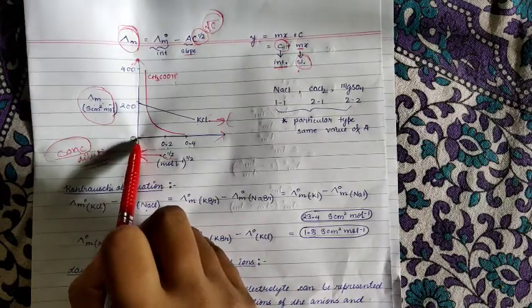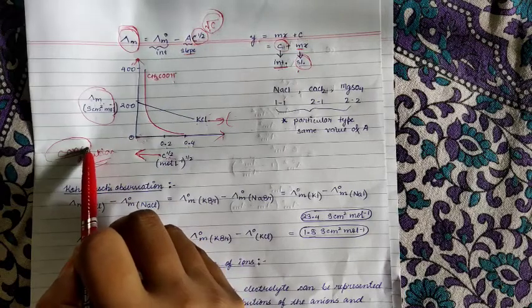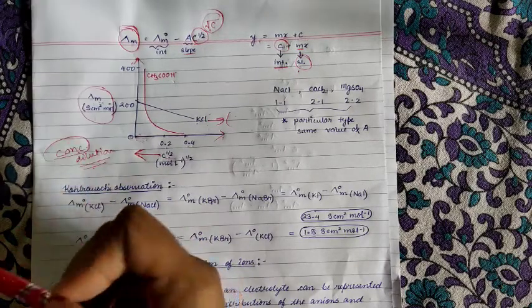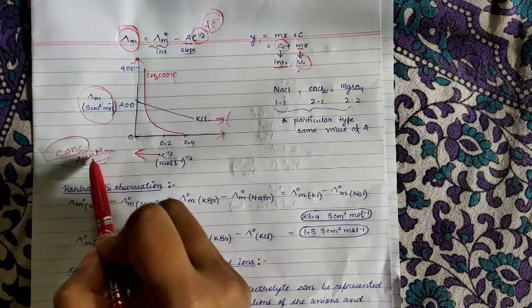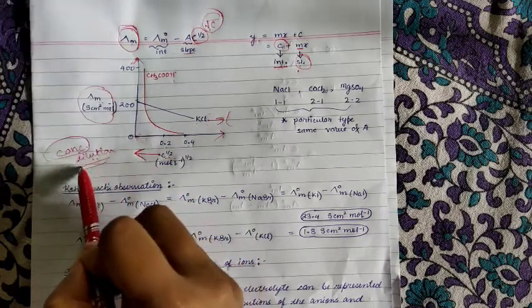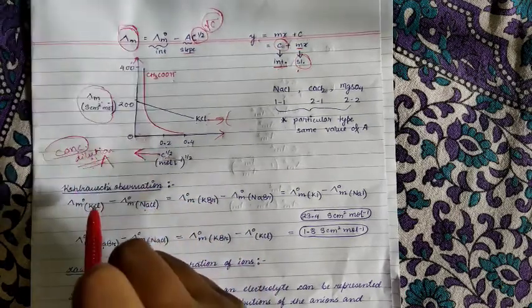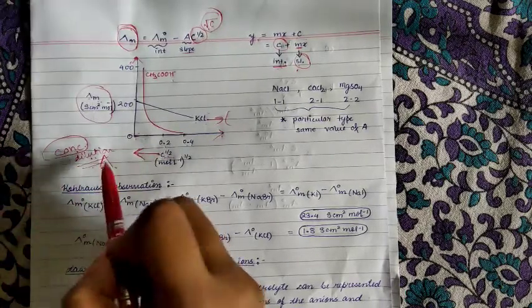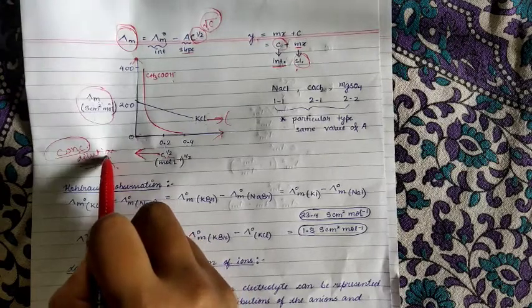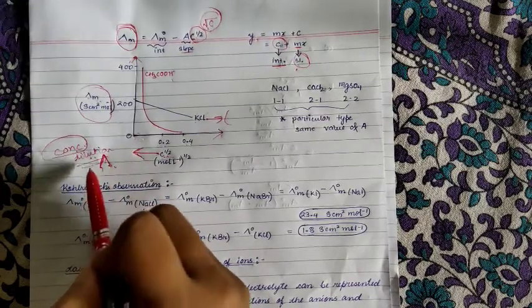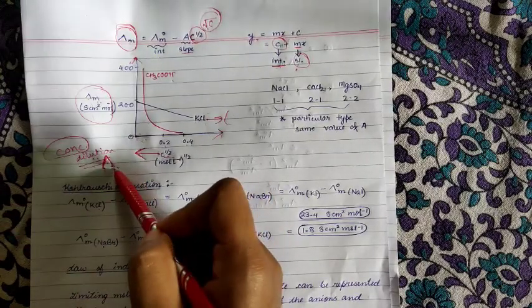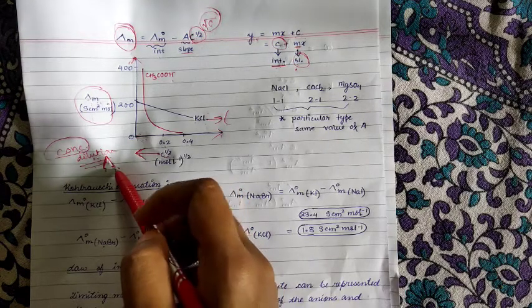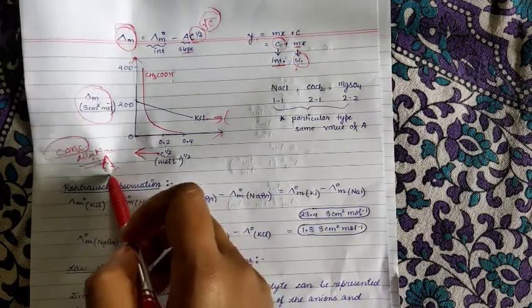And you know that whenever we decrease the concentration, means whenever we add water to the electrolyte or dilute the electrolyte, you will be getting more ions, and when there are more ions, you will get more conductivity, right? Whenever there are more ions, the conductance increases, because you know that for electricity we need the ions, right?